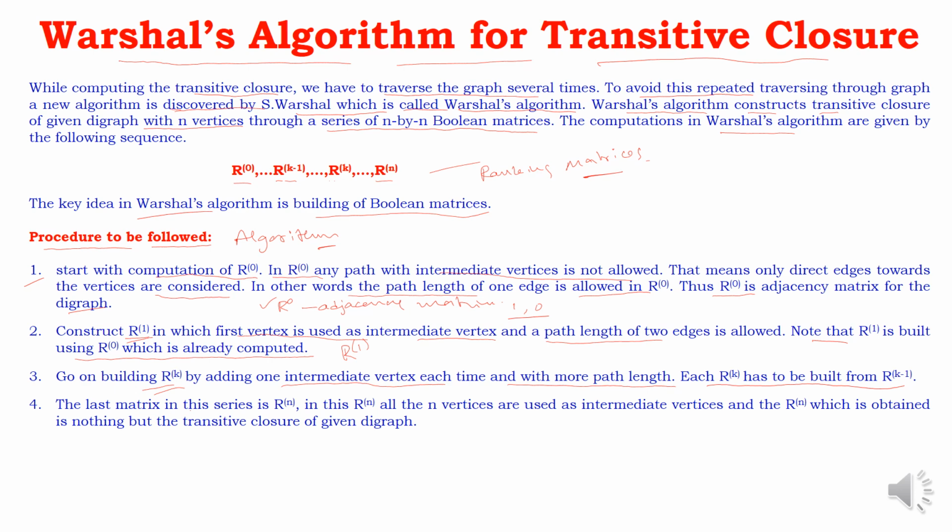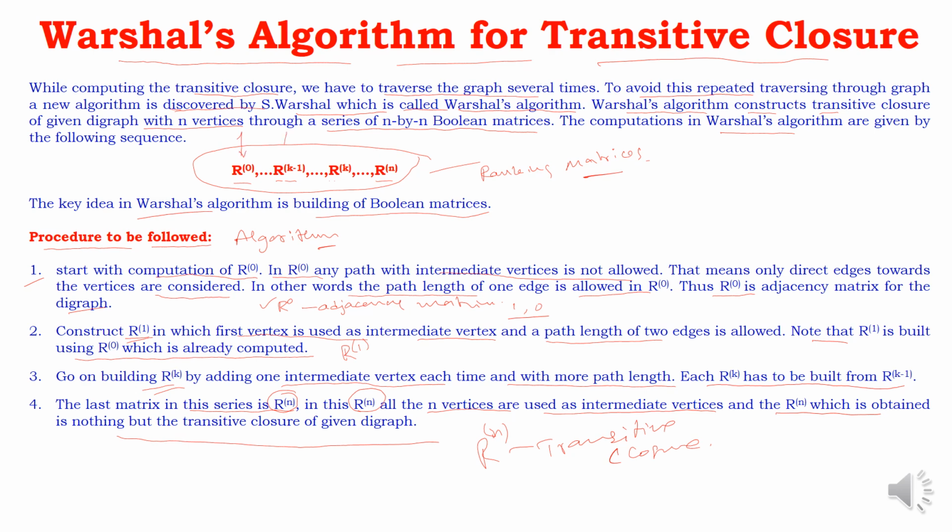The last matrix in this series is Rn. If there are n vertices, we have to find Rn, ranking matrix n, in which all n vertices are used as intermediate vertices, and the Rn obtained is nothing but the transitive closure. Rn, ranking matrix n, is the transitive closure. We are going to find many ranking matrices. Initially, ranking matrix 0 is just the adjacency matrix.